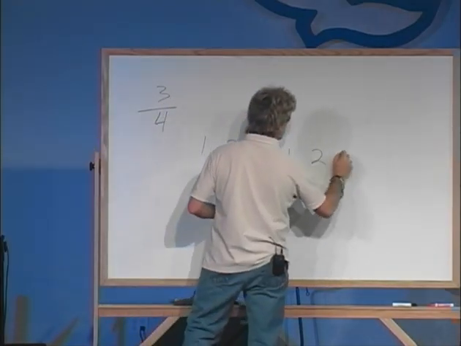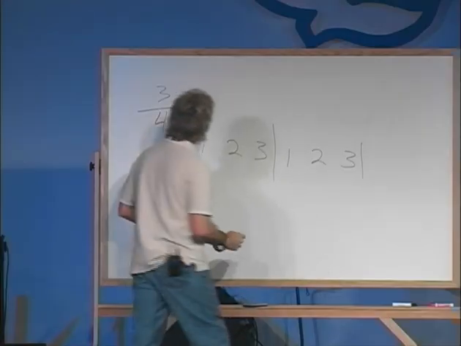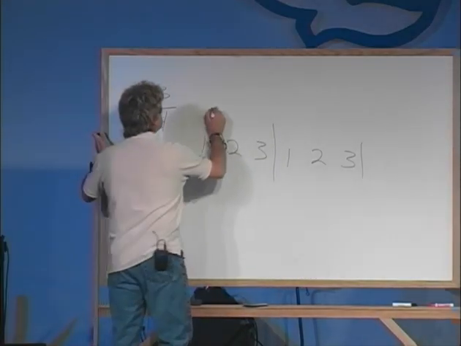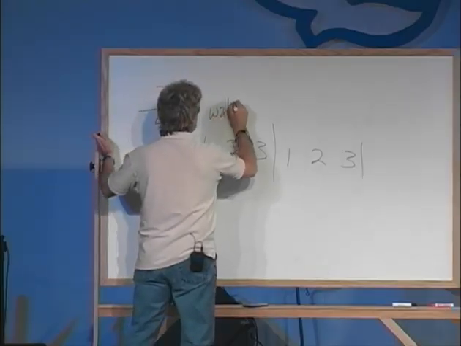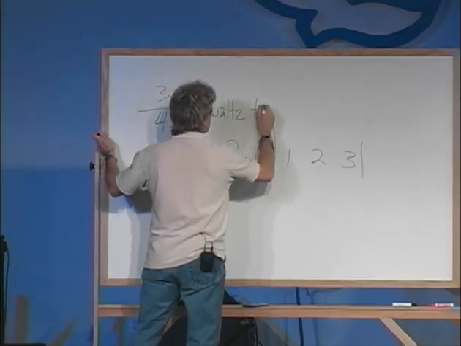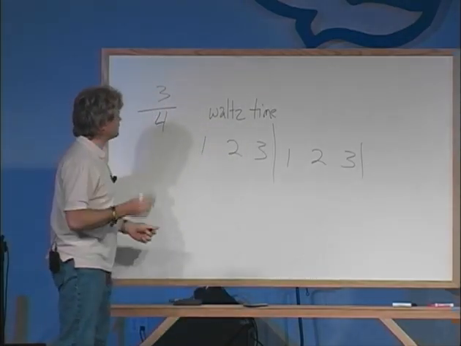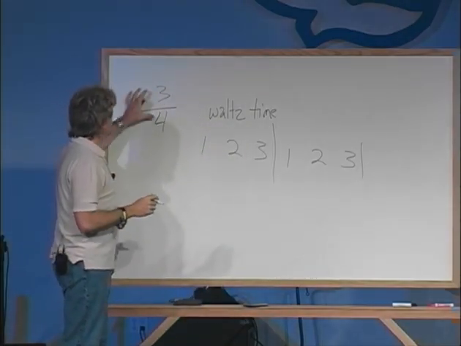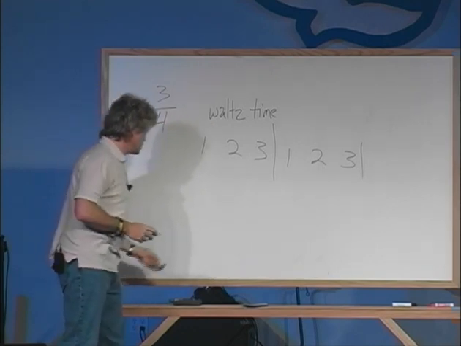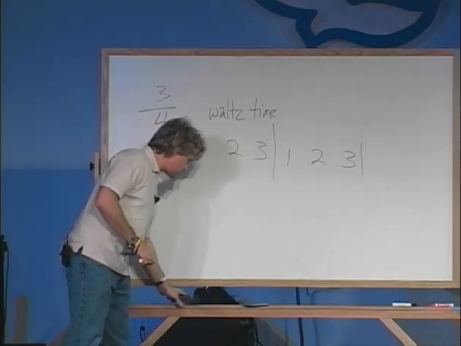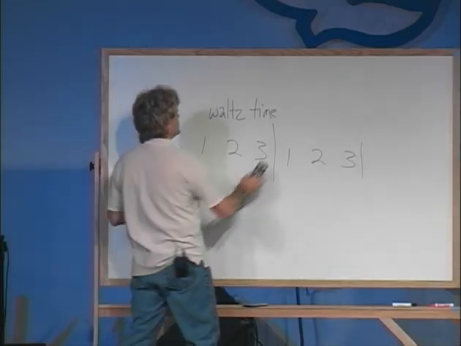Now, this is not called common time. It's called 3/4 time. Sometimes it's called waltz time, because all waltzes are in 3/4, like a Tennessee waltz. But just because something's in 3/4 time doesn't mean it's necessarily a waltz, if you follow me there.